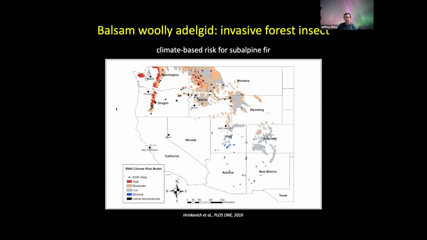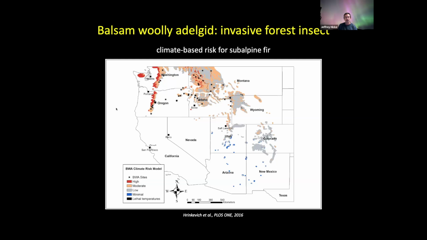So a few years ago, there was a paper published that looked at this risk for subalpine fir. These authors used some plot data to develop a statistical model of this climate-based risk, which identified May temperature and precipitation and September temperature as important drivers, and then mapped risk for subalpine fir distributions.